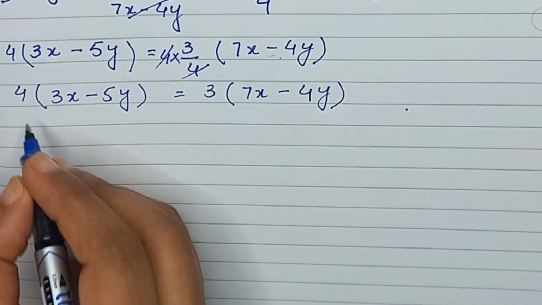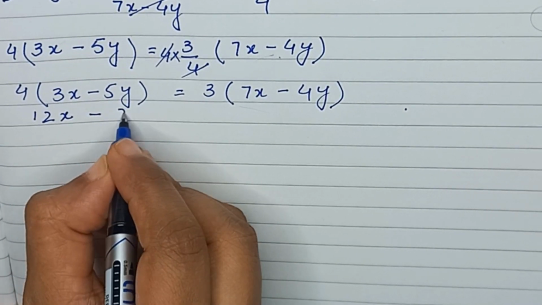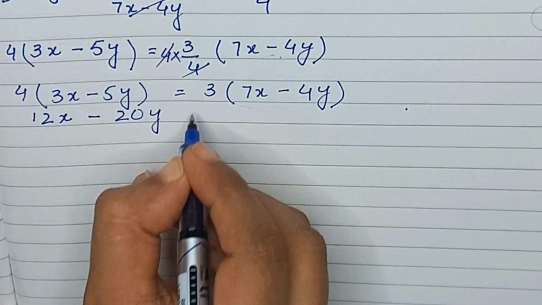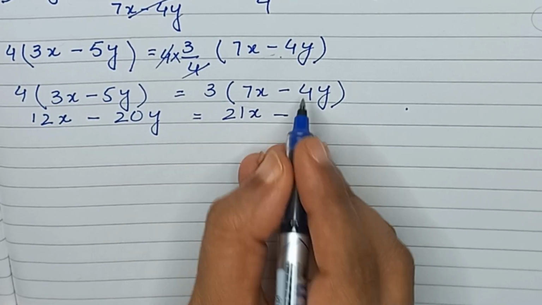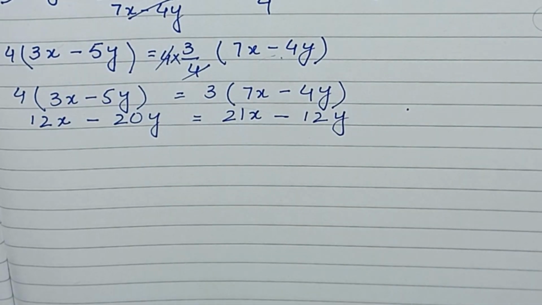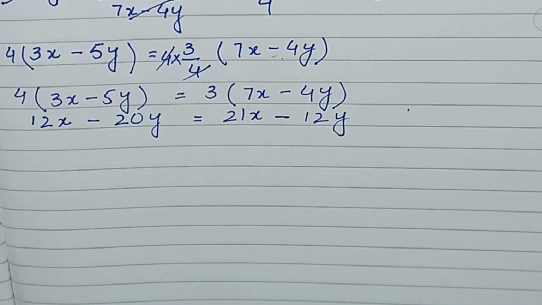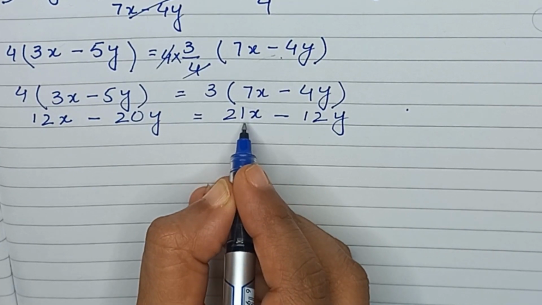4 into 3 is 12x minus 20y, 3 sevens are 21x minus 3 fours are 12y. Now we will combine like terms, which are 12x and 21x.